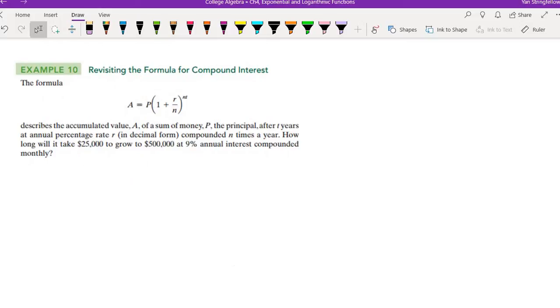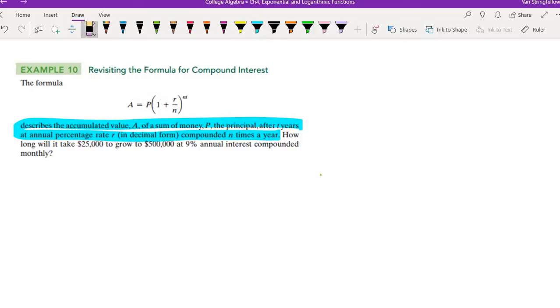Example 10, revisiting the formula for compound interest. We have learned this before. A equals P multiplied by 1 plus r over n, to the n times t power. The first sentence, up to here, just explains what this formula means.